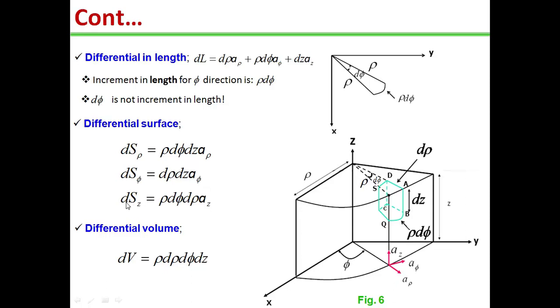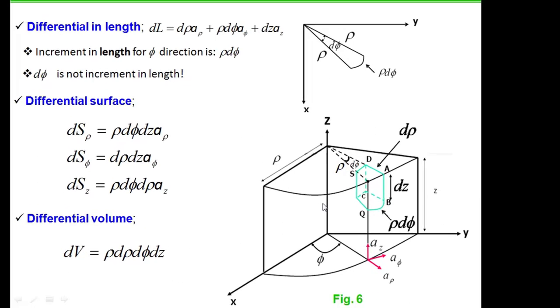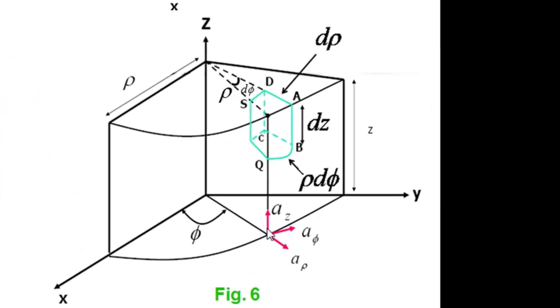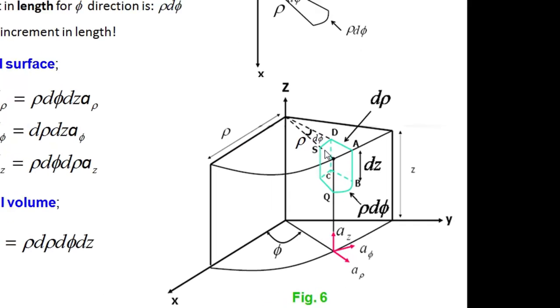Similarly, we can calculate the differential surface along the z direction. For the z direction, you can see this is the direction of a z. Here you can see which is the surface. This one is the surface for the z direction. For this surface, this is the arc and this is the differential length. The arc length is what? That is rho d phi, and this is the differential radius, that is given by d rho.